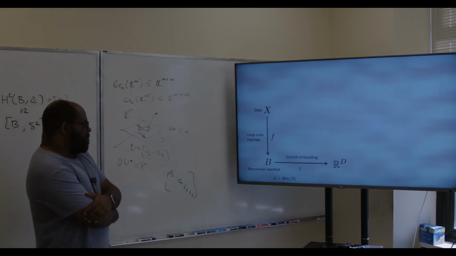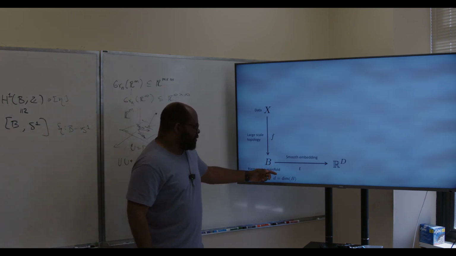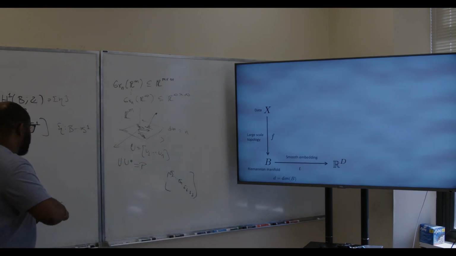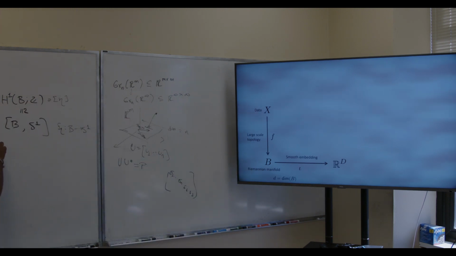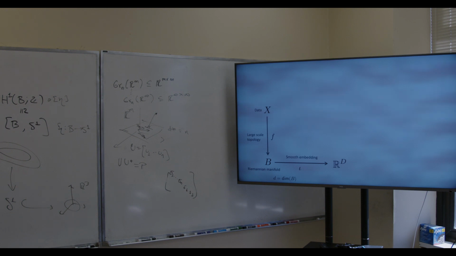Okay, the second thing we're going to do is we're going to embed our base manifold into some Euclidean space, R^D. So again, for the Mobius band, which we're mapping to the circle, now we're embedding the circle, say, in R3 as the base, okay? And this is iota. And this is B, I guess.